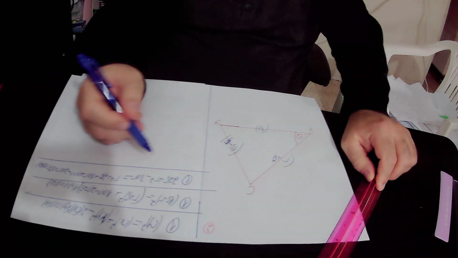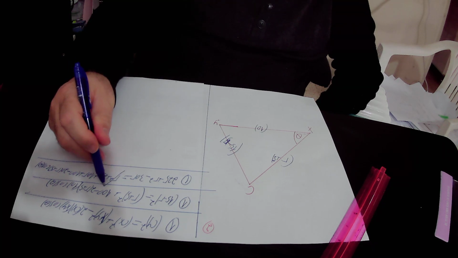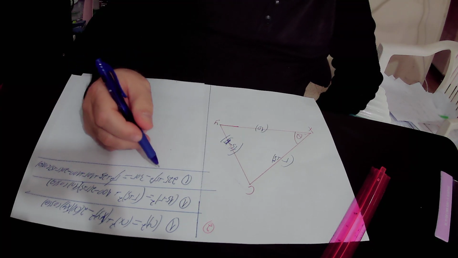Here we have r squared on both sides of equation number 1, so r squared will get cancelled. What is left?